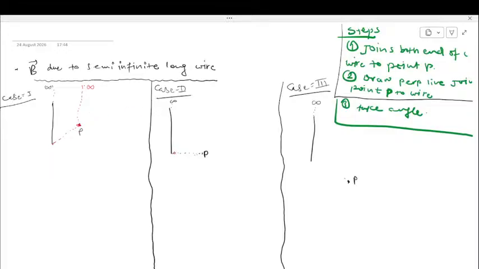Here we need a perpendicular line, so we have to extend this line for the perpendicular. This is the perpendicular. One end joins at infinity and the other joins like this.